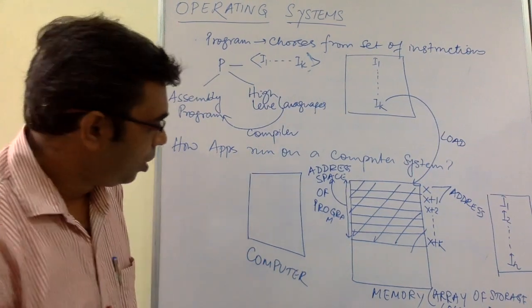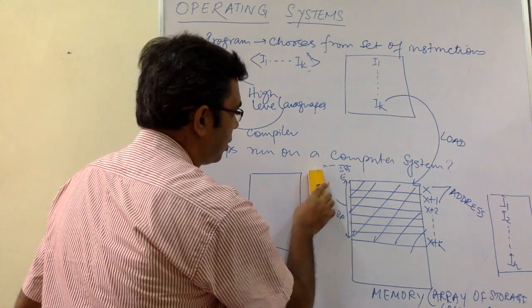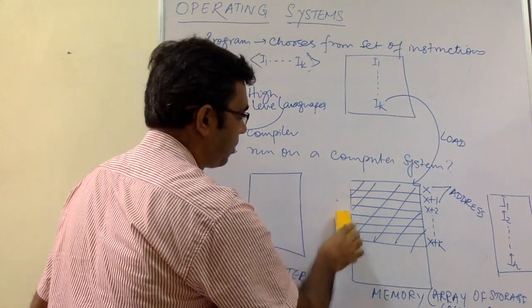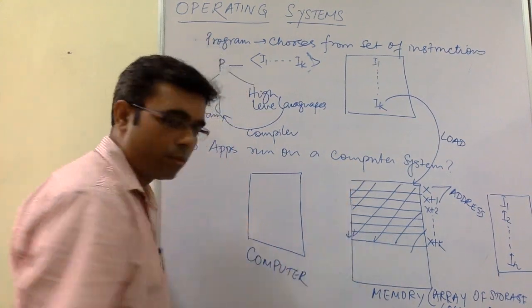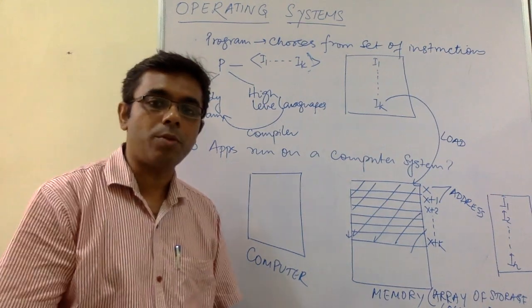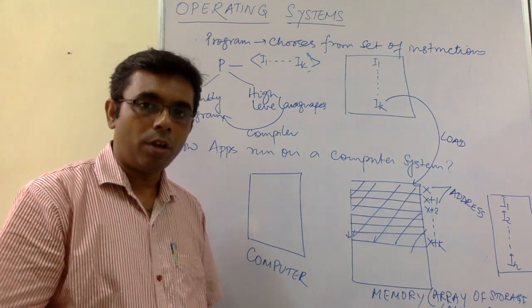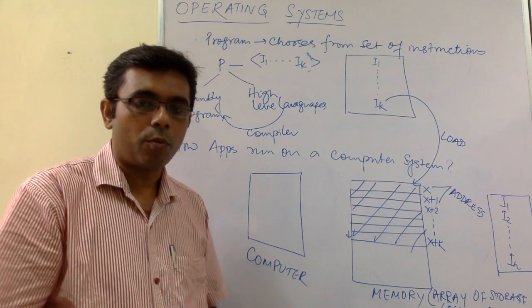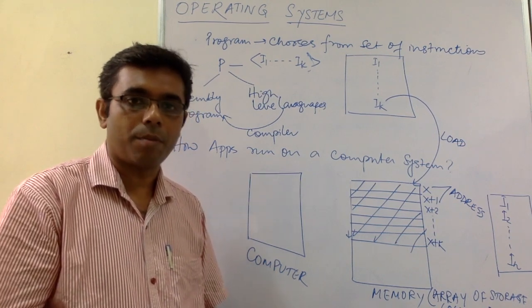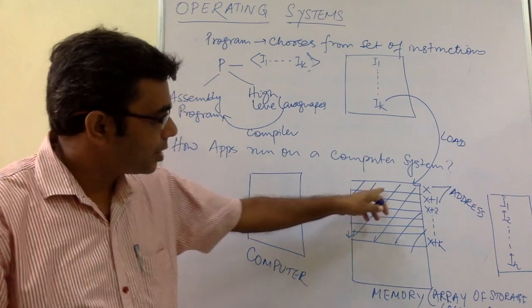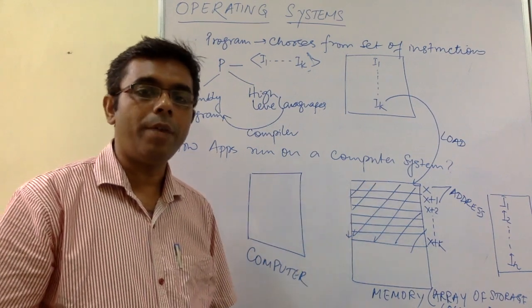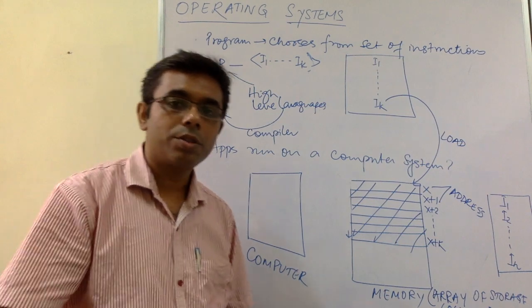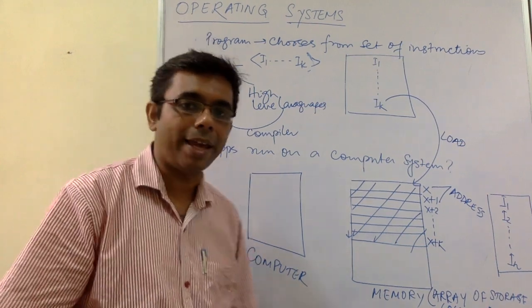Once the program gets loaded, the next step is that the processor, which is the computing unit of the computer system, has to execute it. In order to execute it, the computer has to know which location of the memory the program starts from. Here it starts from x. So somehow we have to instruct the computer to start executing from x.